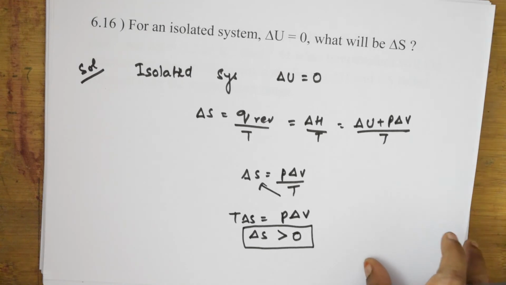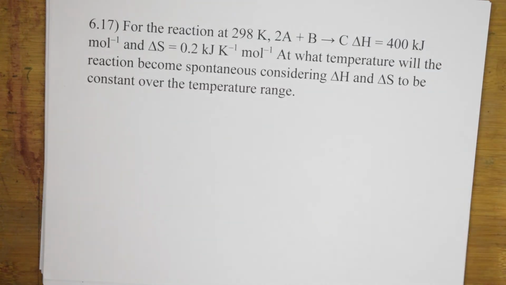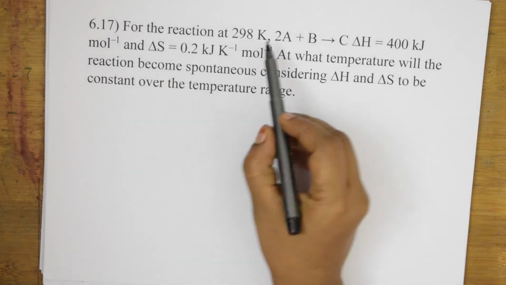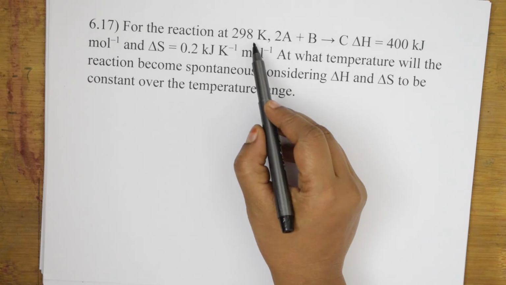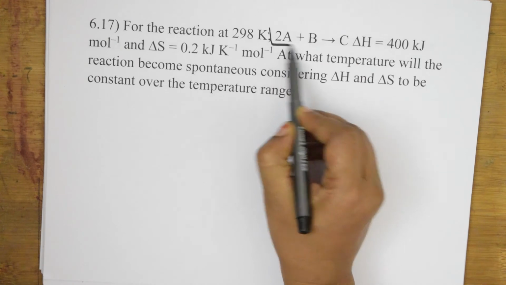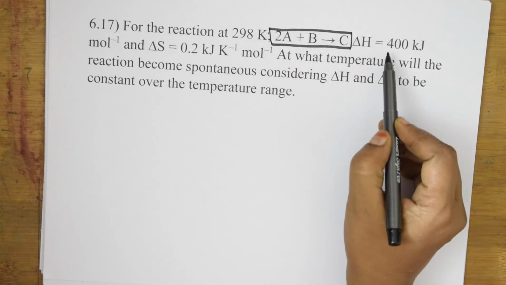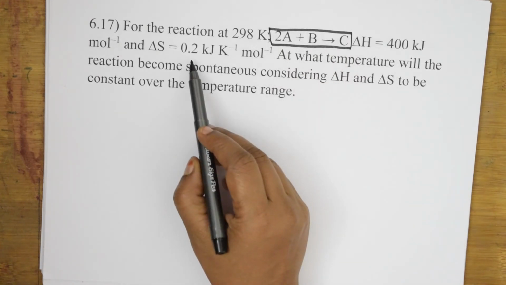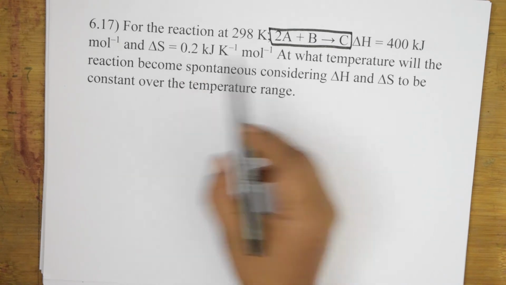Right. So now let us come back and see question number 6.17. So here in this question, what did they give us? They said for a reaction at 298 Kelvin, 2A plus B gives C. Delta H value, enthalpy change, and delta S value, entropy change, are given. What should I find out?